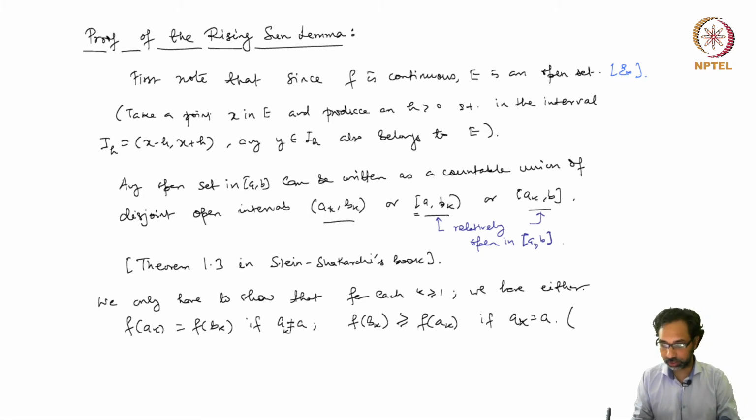So in this case, the open interval that we consider is of the form [a, b_k), b_k excluded.